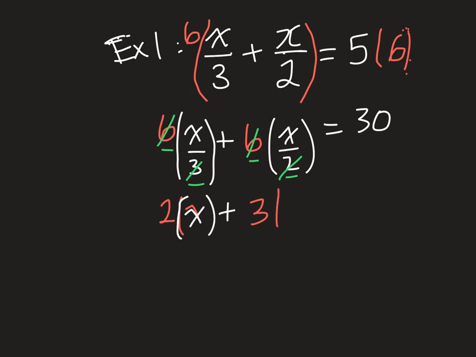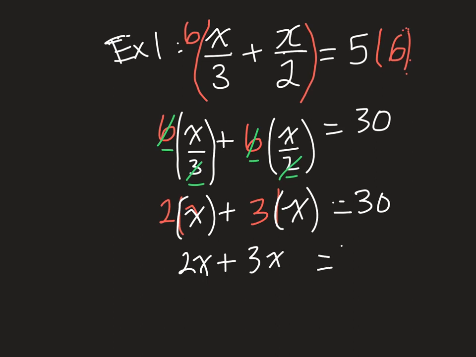And then x equals 30. Okay. So now I'm able to do my next step, which is 2x plus 3x equals 30. Because these are like terms, I can now add them together to get 5x equals 30.